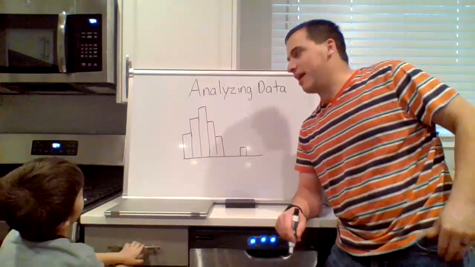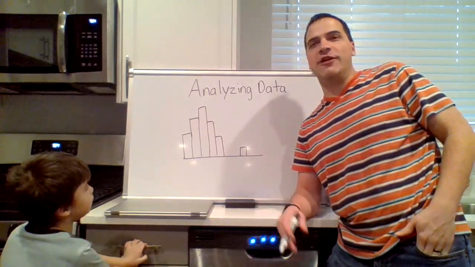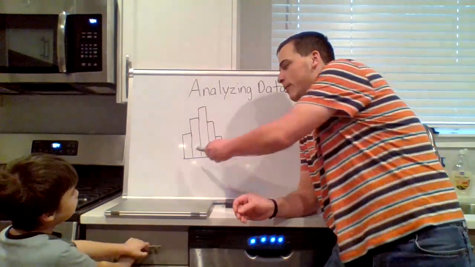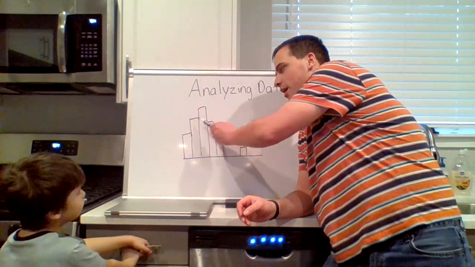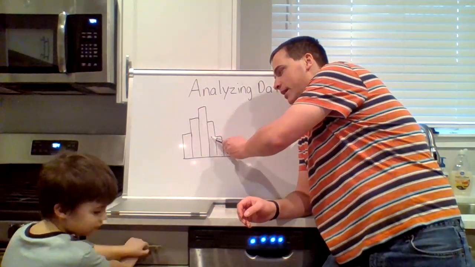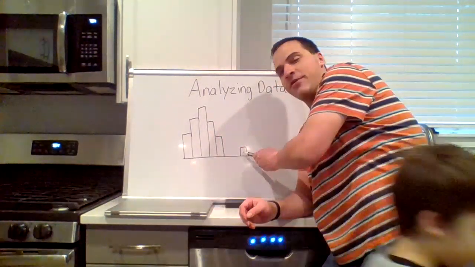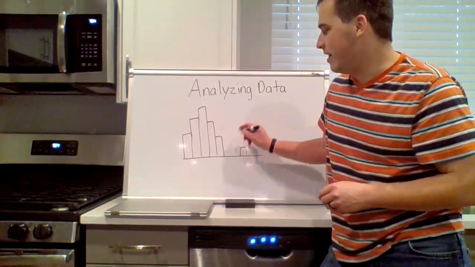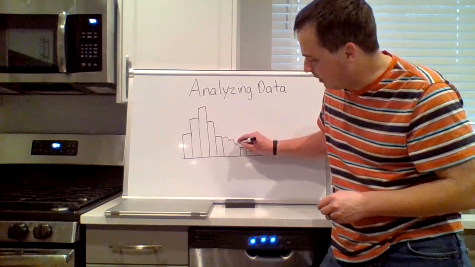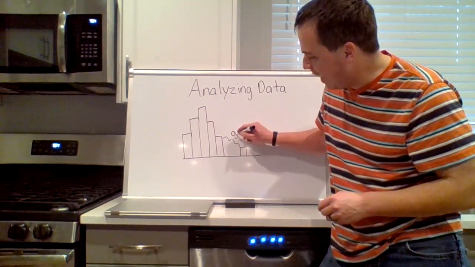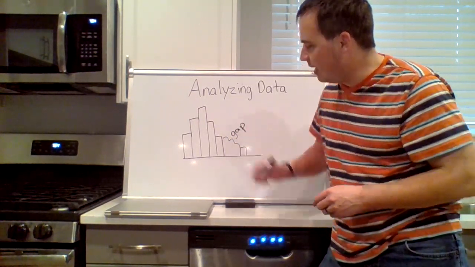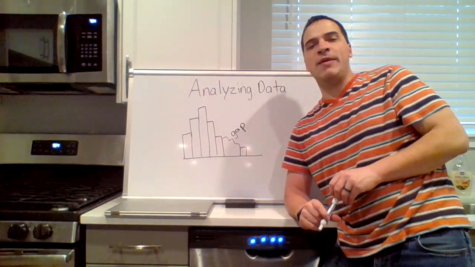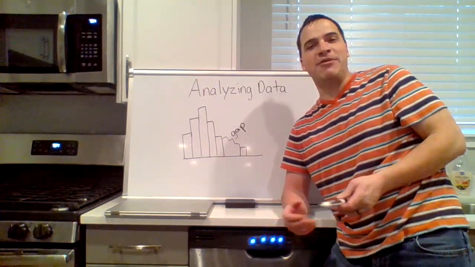Okay, so this data could represent income, for instance. Lower ranges have most of the income, then it tapers off, and then there's some very wealthy people up here. So, in this case, this range down here is called the gap. So, in the assignment, they'll be asking you where there's a gap in the data.